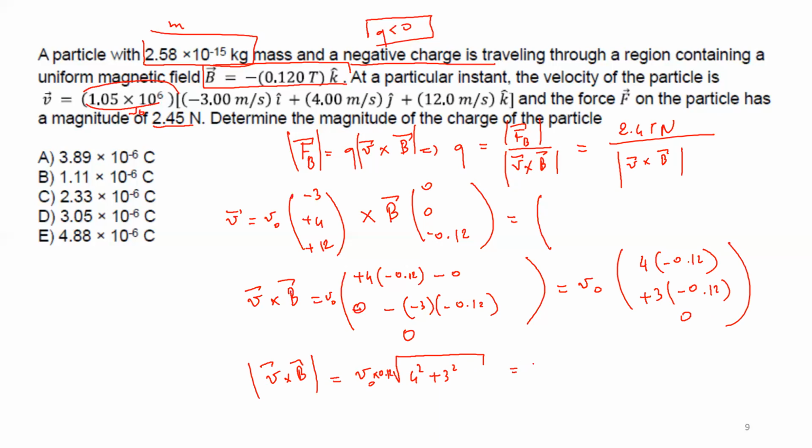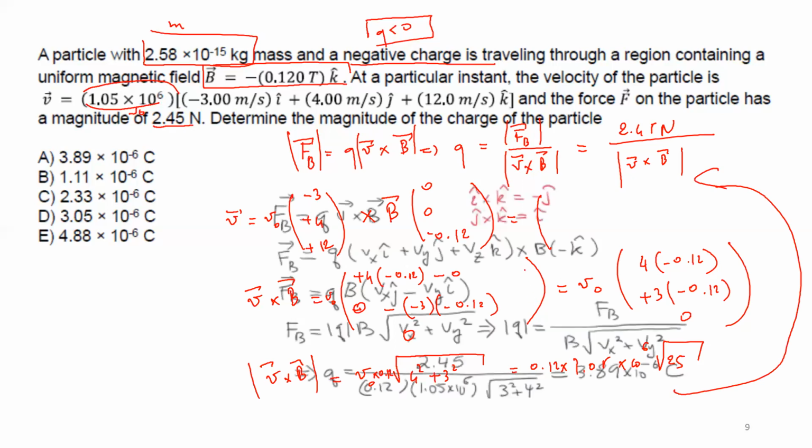I will have 0.12 times 1.05 10 to the power 6 times the square root of 25, which is 5. I take it and plug it here, and then I get my charge. So the charge is just 3.89 10 to the power minus 6 coulomb.